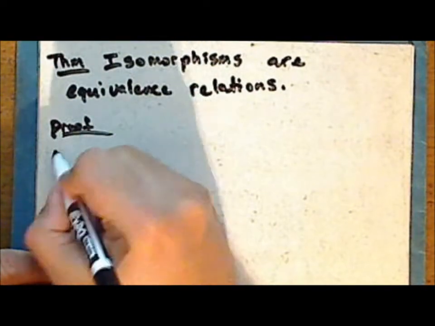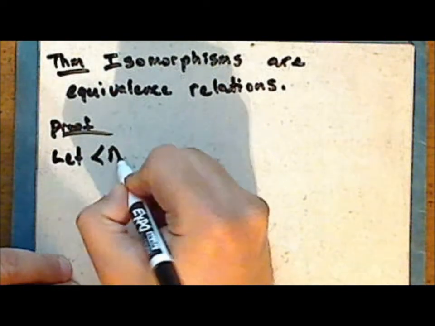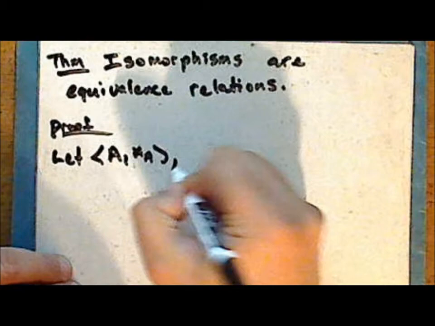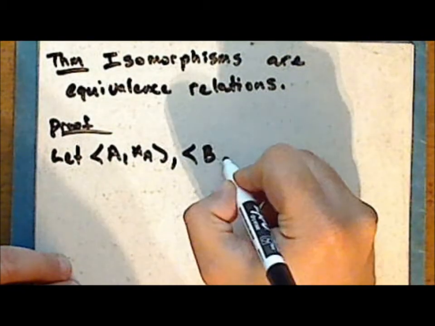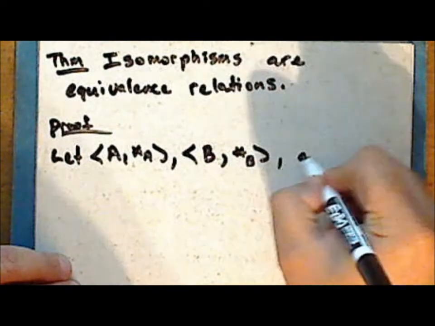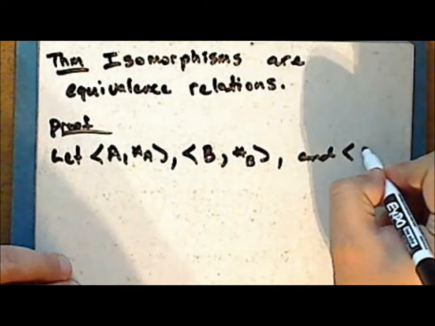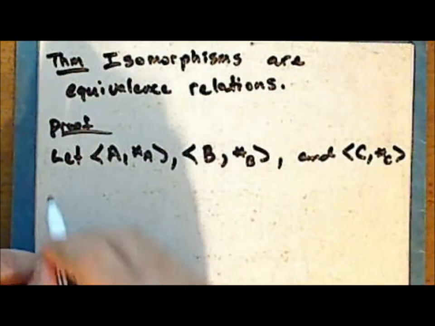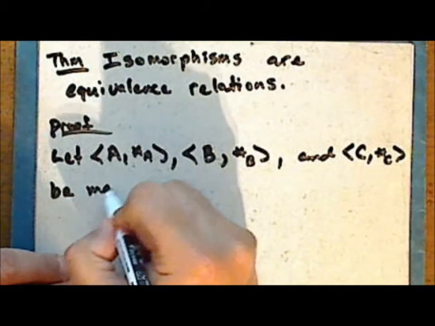For this proof, let set A together with the binary operation star sub A, set B together with the binary operation star sub B, and set C together with the binary operation star sub C be magmas.